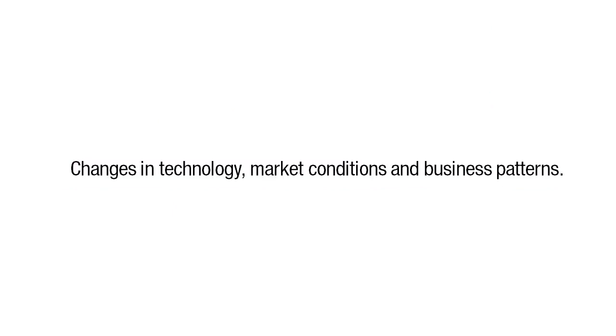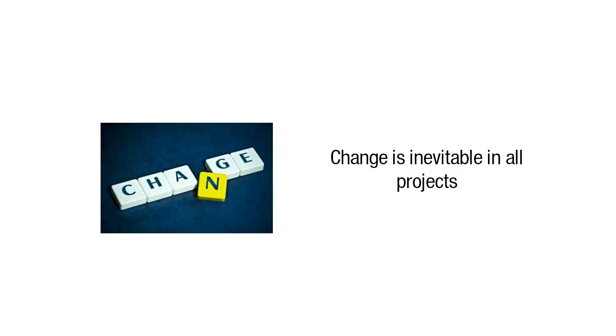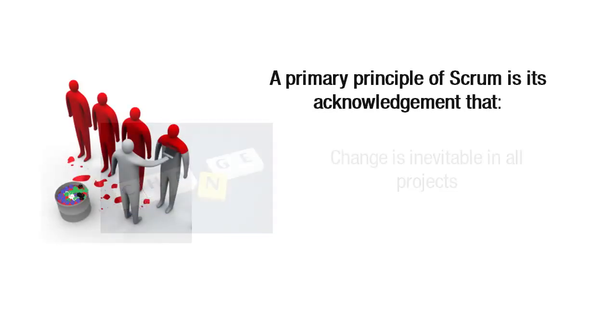In today's fast-changing environment, there is continuous pressure from changes in technology, market conditions, and business patterns. Change is inevitable in all projects. In today's hyper-competitive world, where technology, market conditions, and business patterns are continuously shifting, change is the only constant.